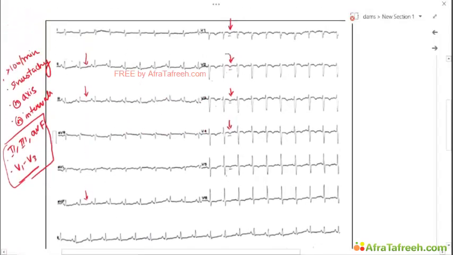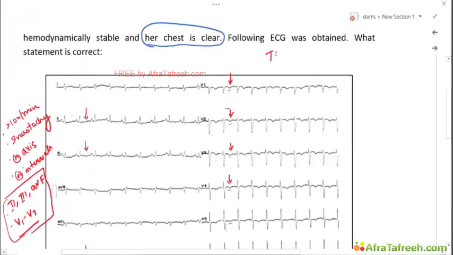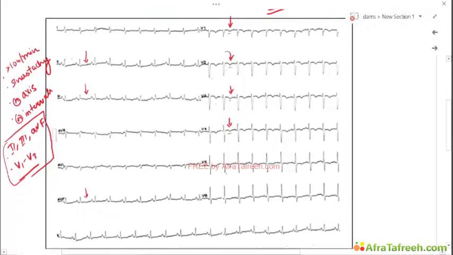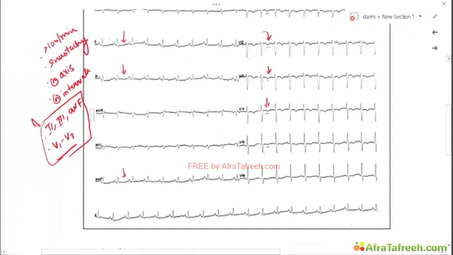Now, T wave inversion could be a non-specific finding and can point towards NSTEMI, non-ST elevation myocardial infarction, or unstable angina for that matter. This could be because of that. However, this is an important finding.